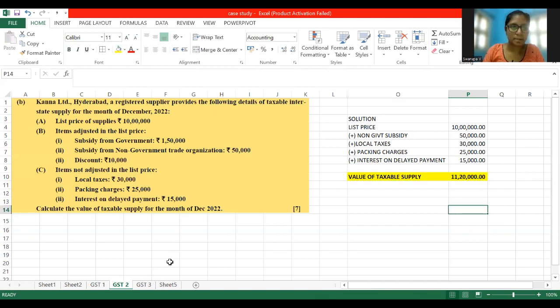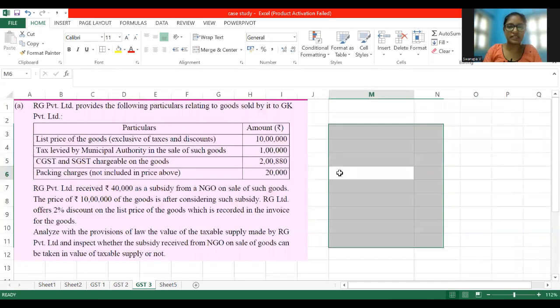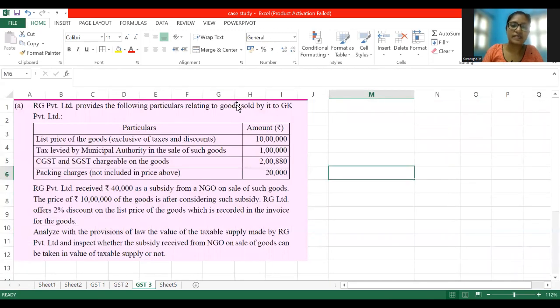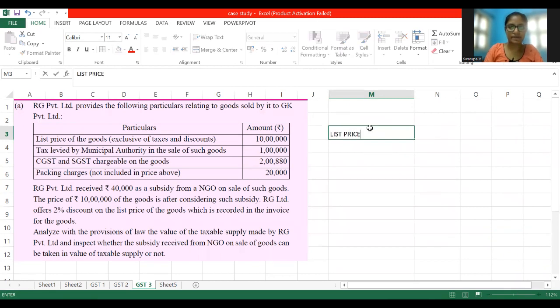Okay. Now going to the next question. This also is on the same lines, calculating taxable supply. So we will go with list price. Then local taxes, I have to add it.